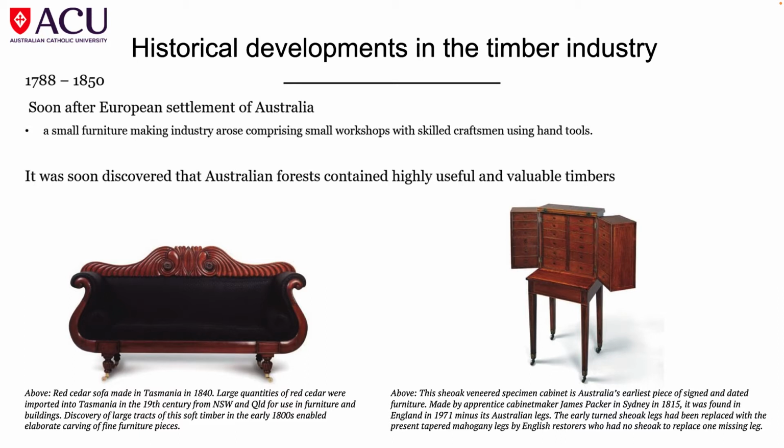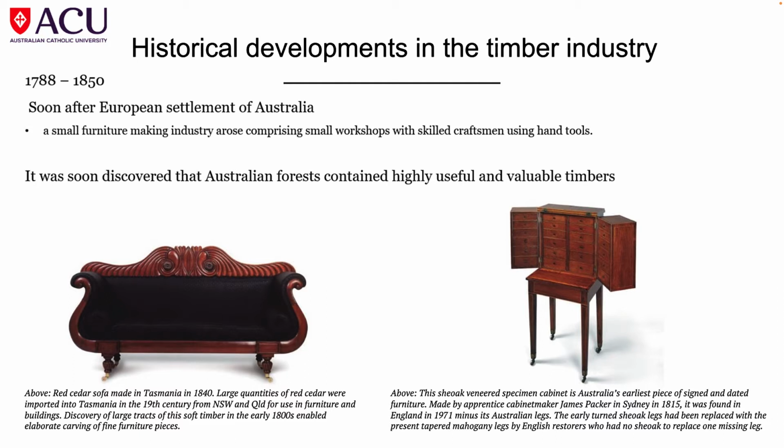But this is really important because it's actually the earliest piece of furniture that we know that was made here in Sydney, and it was made by a cabinet maker called James Packer in Sydney in 1815. Around about that time, there were two furniture makers in Sydney, and James Packer was one of them. I've got a link to some more information on early colonial furniture at the end of this presentation as well.